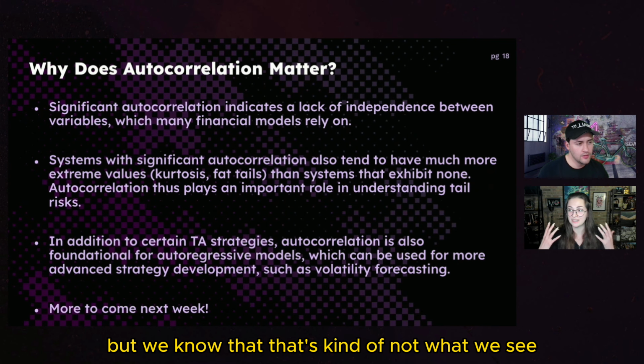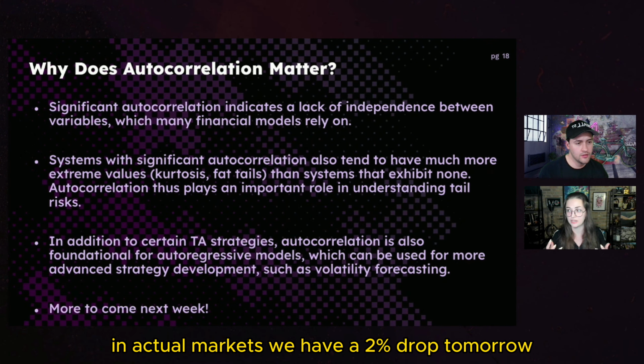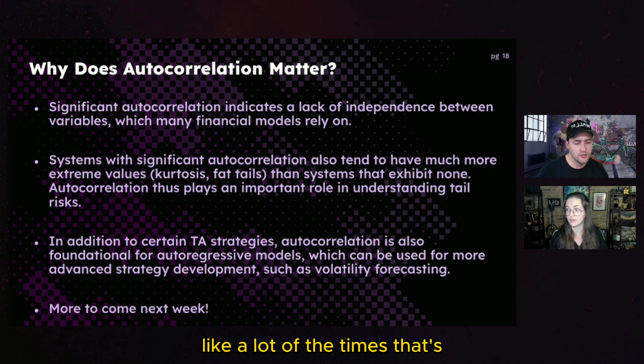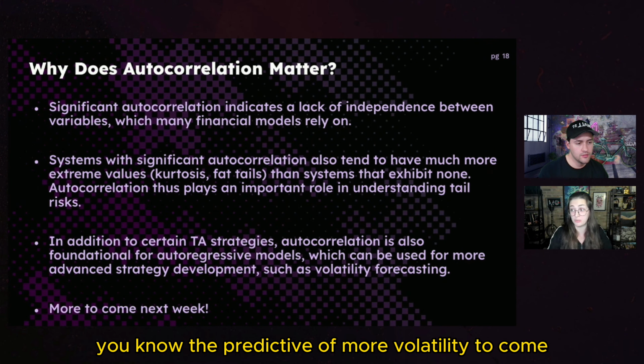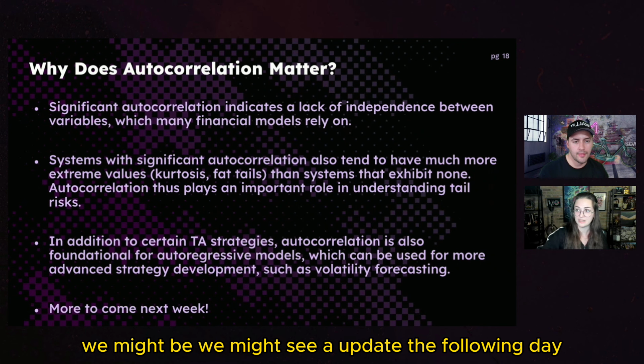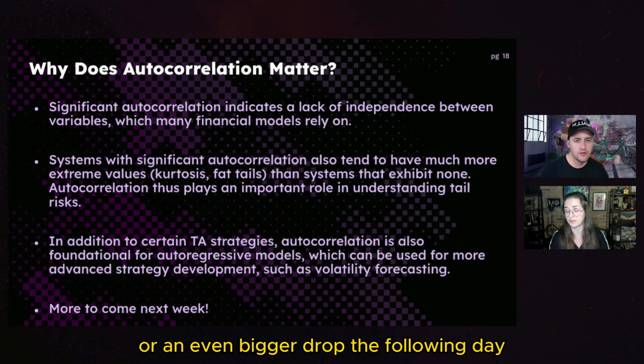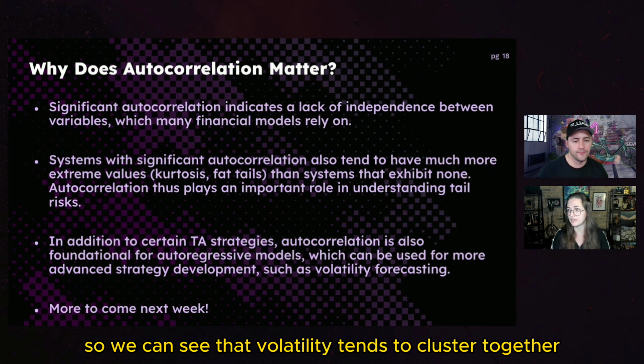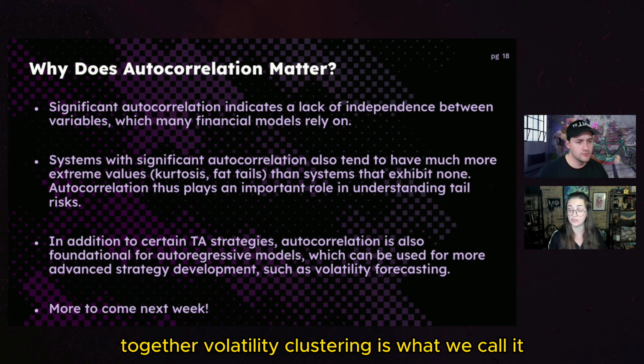But we know that that's not what we see in actual markets. If we have a 2% drop tomorrow, a lot of the time that's predictive of more volatility to come, because a lot of the time that's what we see. When we see a big 2% drop, we might see a drop the following day, or an even bigger drop the following day. So we can see that volatility tends to cluster together. Volatility clustering is what we call it.